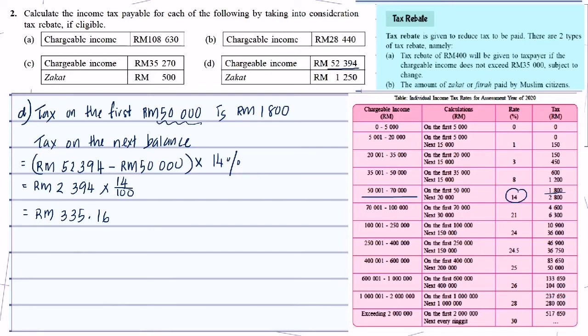Okay, before we count the income tax, still remember what we need to determine. We need to determine whether got tax rebate or not. So for this one, we have the tax rebate for zakat. Eligible rebate equals 1,250. Now count for the income tax.